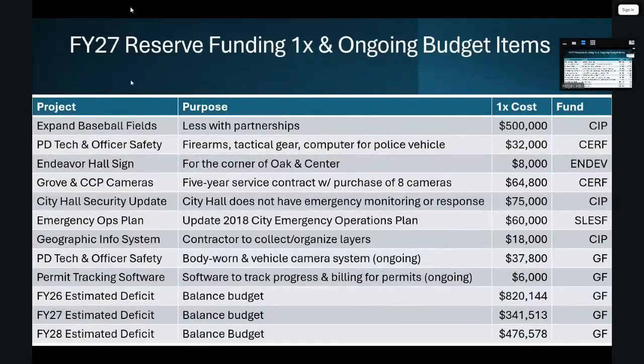And I will say this, technically, we don't have to transfer the amount for the 28 deficit because we're not facing that. So we've listed it there more for reference. So this doesn't include moving that amount of money over to cover that.